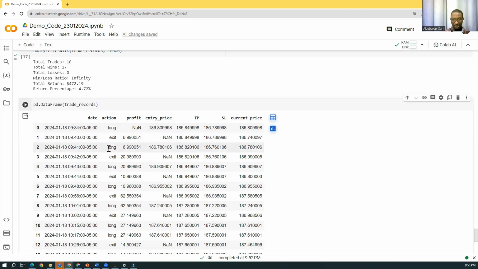After like 1 minute, another news came in. Positive news. I went and bought again. Also, I made almost the same $7 because I exited. Then 1 minute later, I exit and made this money. 1 minute later, news came in, went in, made this money.